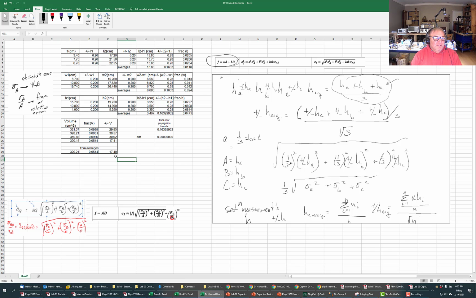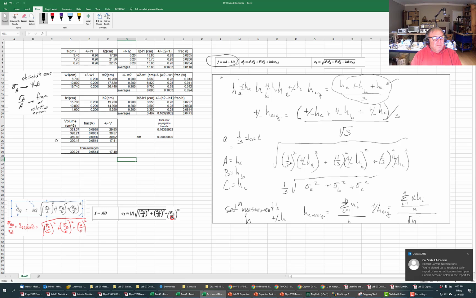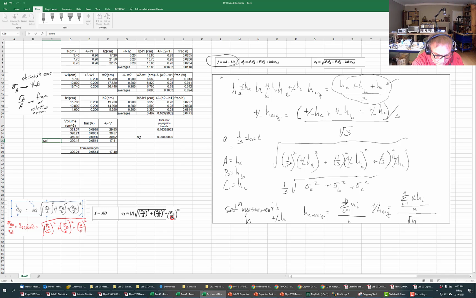And we did better, an improvement. Yeah, I'm doing two things at once. So then we decided to double check. We took the average value of our 3 volume determinations, and that's that.